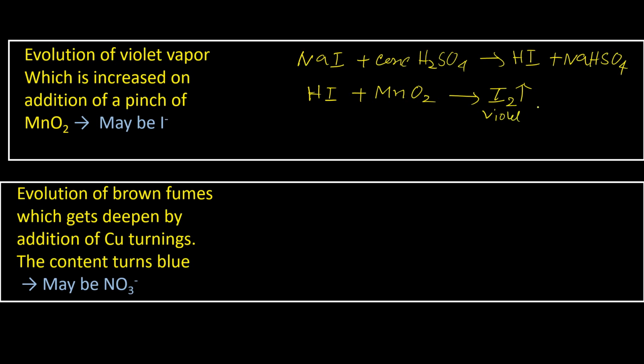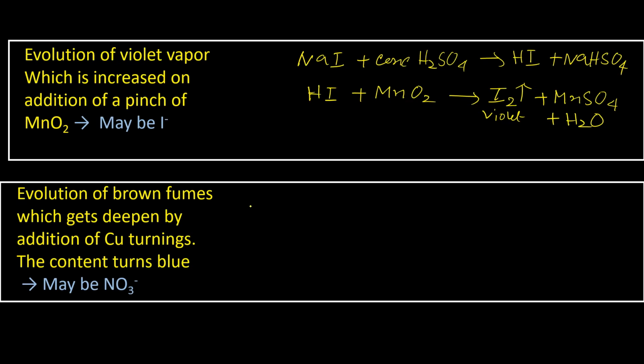This will become violet, plus this manganese sulfate will take the sulfate ion, plus your water. So what is the overall reaction? Overall reaction is this HI getting cancelled. So sodium iodide, concentrated sulfuric acid, manganese dioxide. The products are sodium bisulfate, iodine vapor, which is violet color, manganese sulfate plus water.